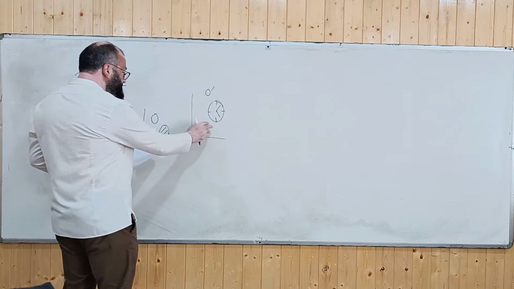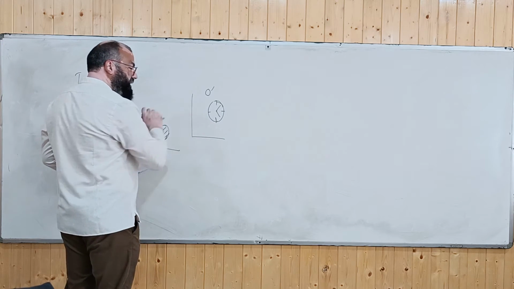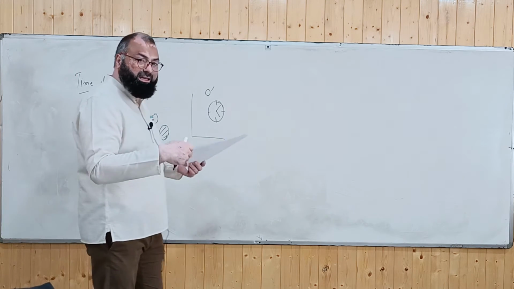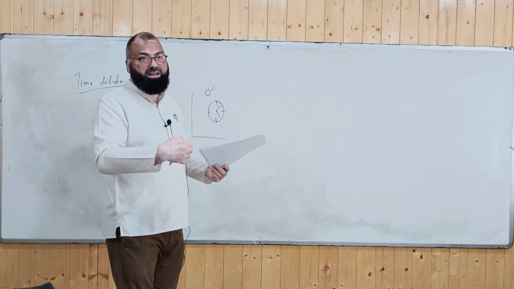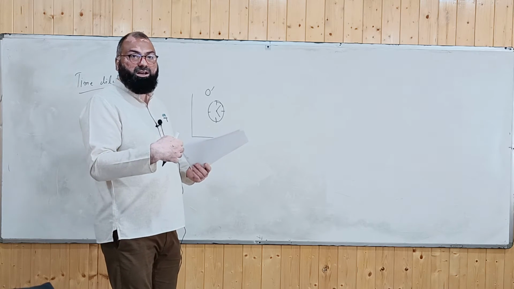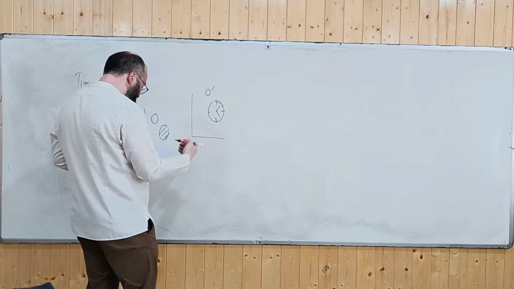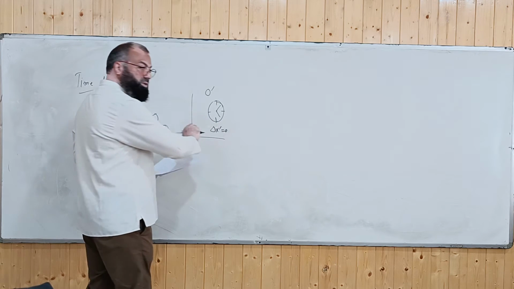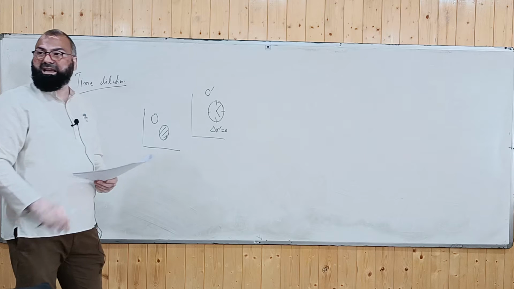So in its own frame of reference, this clock is at rest. So think of a clock that is moving with me, and it's at rest with me. What will be the coordinates? Since there is no coordinate displacement, this delta x is 0.